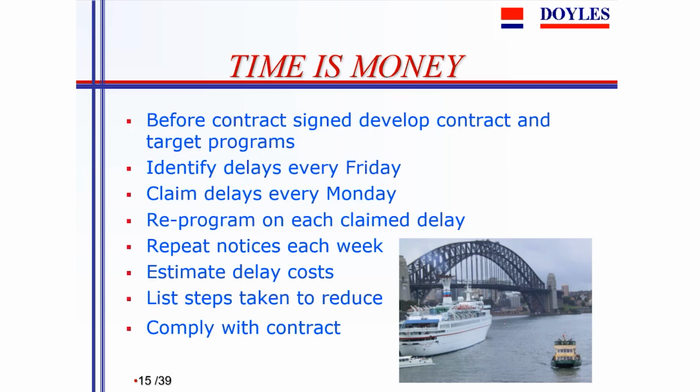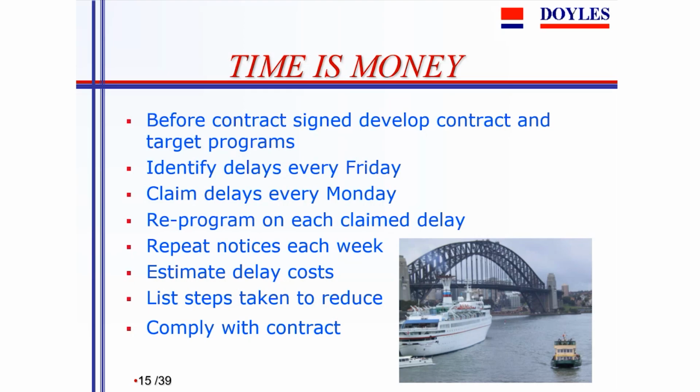The other aspect that a lot of contractors miss, but is usually included in any delay clause, is the need to provide a new program with each claimed delay. So if a contractor claims that he's been delayed for a month, then he's under an obligation usually to provide a program that shows that he can recover some of that time and that he has taken steps to avoid any further delay.